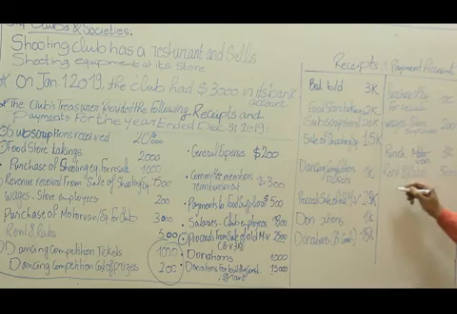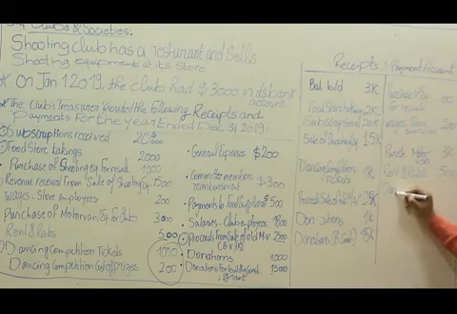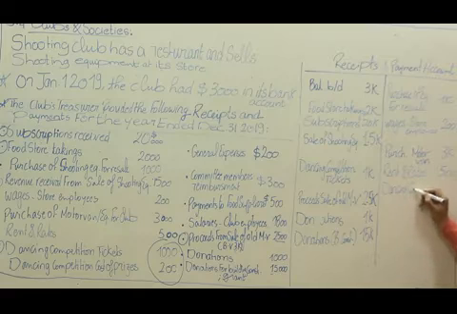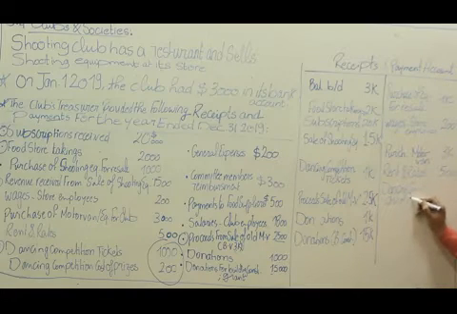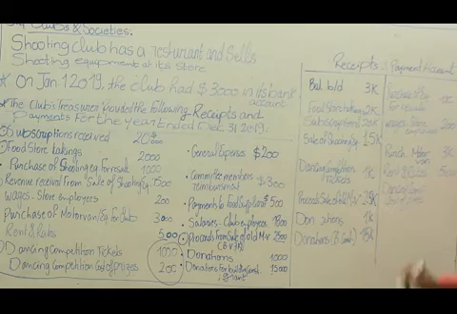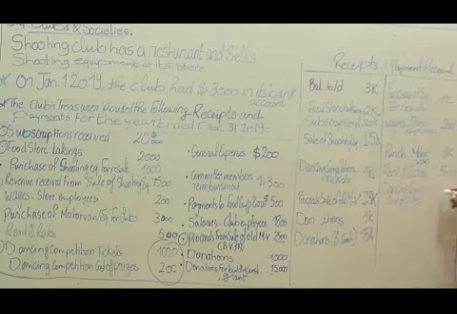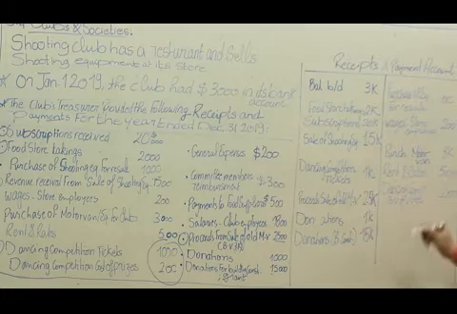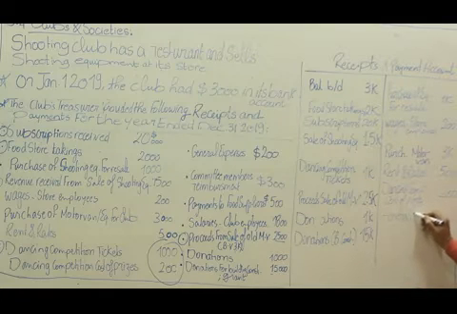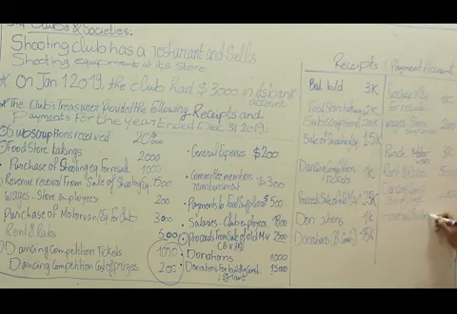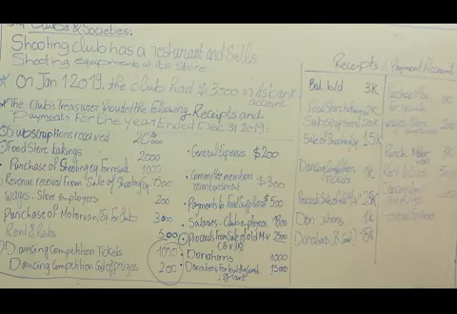Dancing competition cost of prizes, $200. General expenses, $200 also.